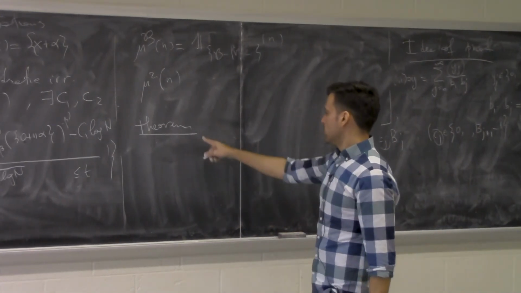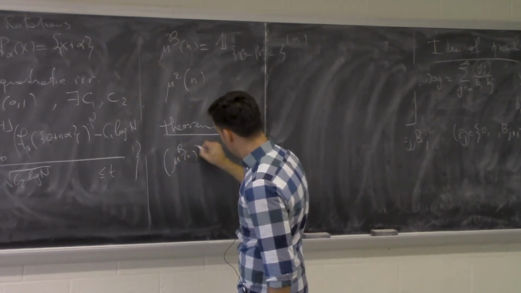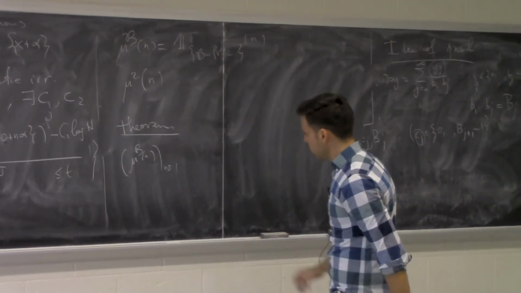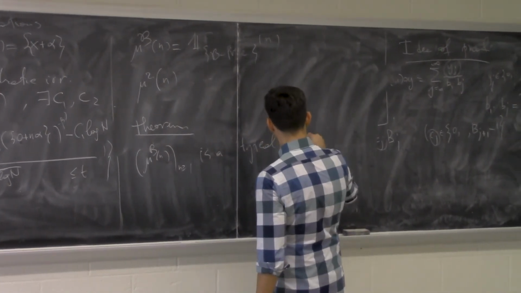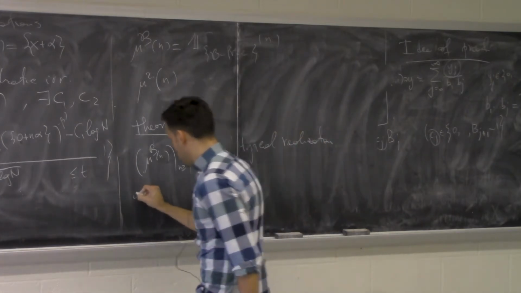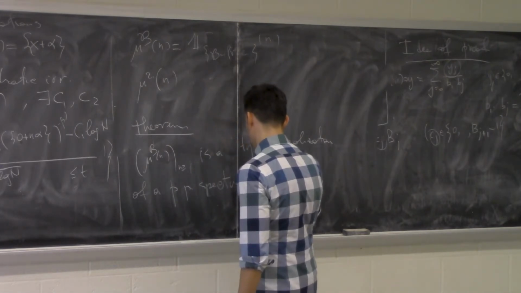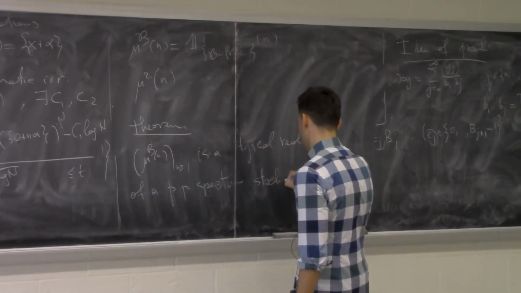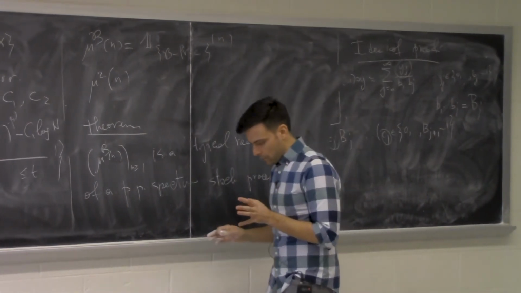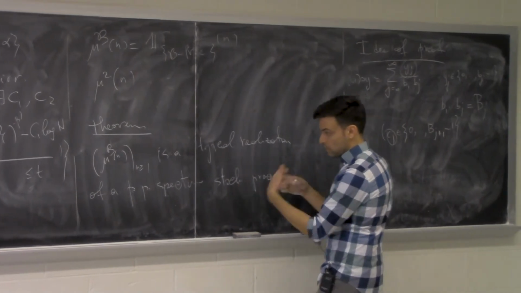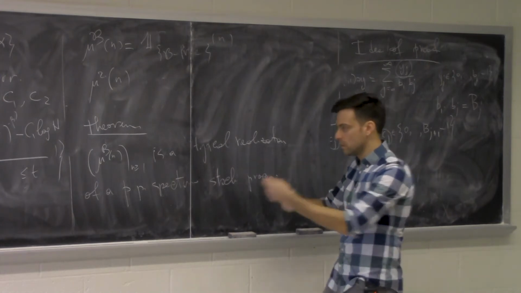This theorem says that this sequence, mu b of n, as a sequence of zeros and ones, is a typical realization of a pure point spectrum stochastic process, which implies in particular that this dynamical system, you can imagine kind of a Markov chain that spits out a binary sequence.